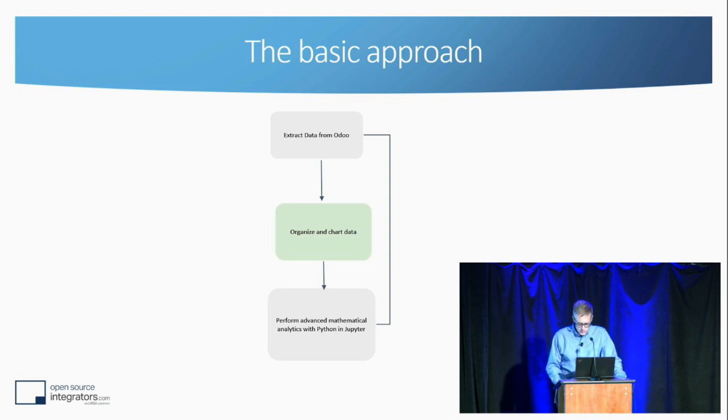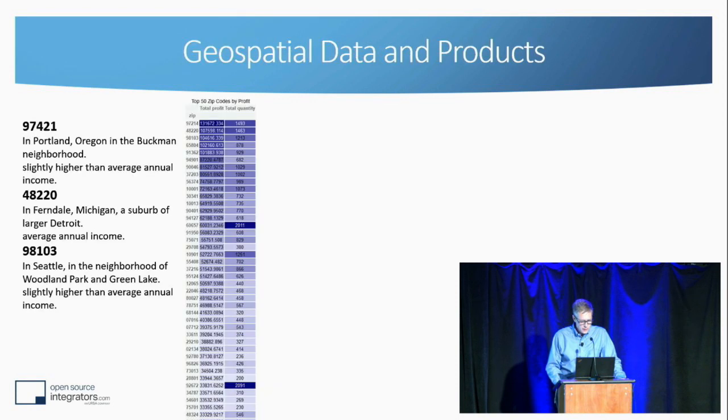So let's talk about this with something that tries to make this a little bit more tangible. This is a customer of ours. They sell a product to, let's call it an enthusiast community, and we want to really understand where their customers were and maybe some demographics about it.